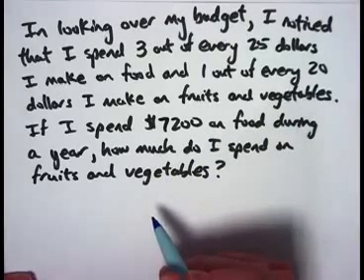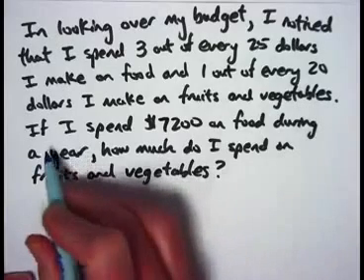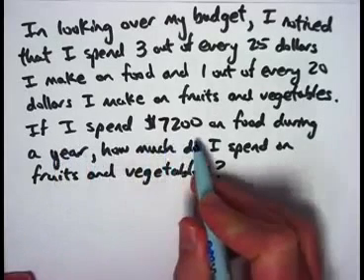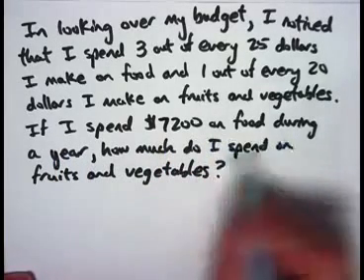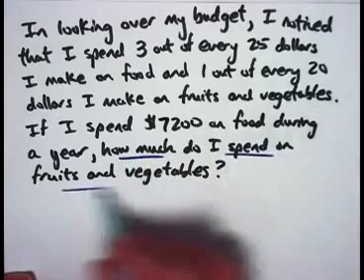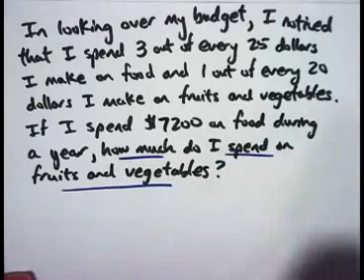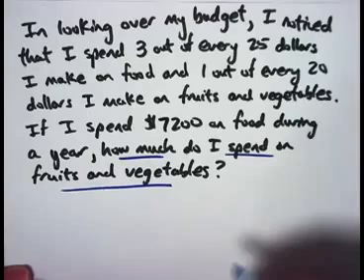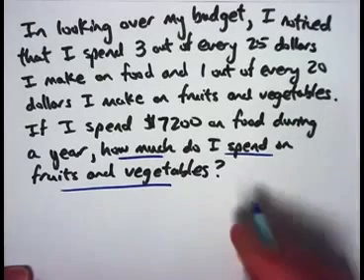I was paying for it with the French silk in the previous problem. If I spend $7,200 on food during a year, how much do I spend on fruits and vegetables? So I spend 3 out of every $25 I make on food, and 1 out of every $20 I make on fruits and vegetables.